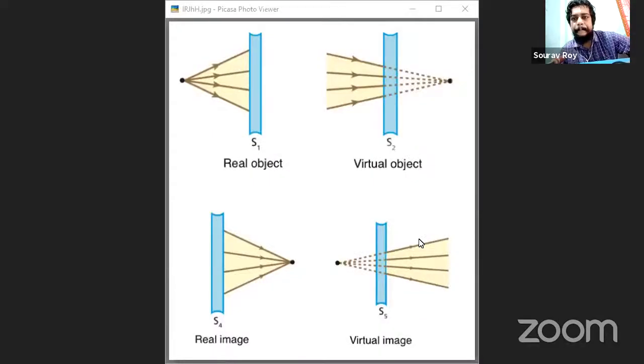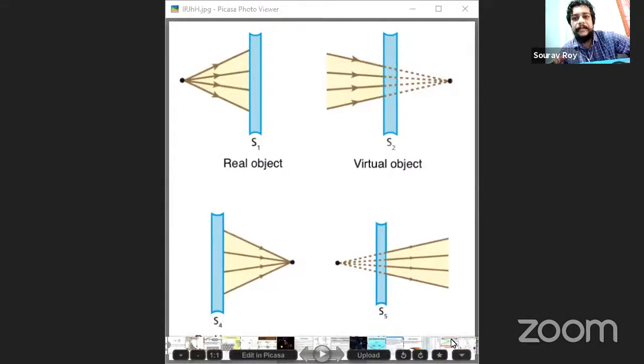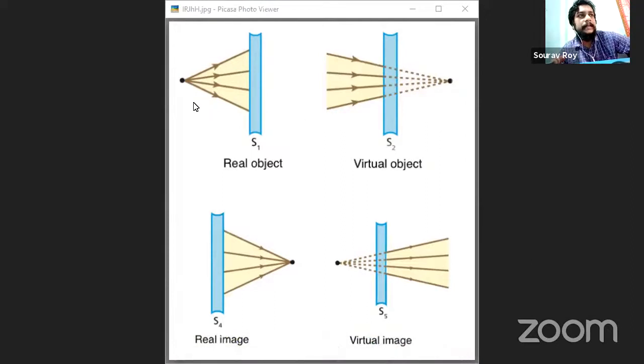Now, if I want to show you, just a minute. Okay, can you see this on the screen? This is where you can understand real object and virtual object. What does that mean? See, this is the point from where the light is coming out.